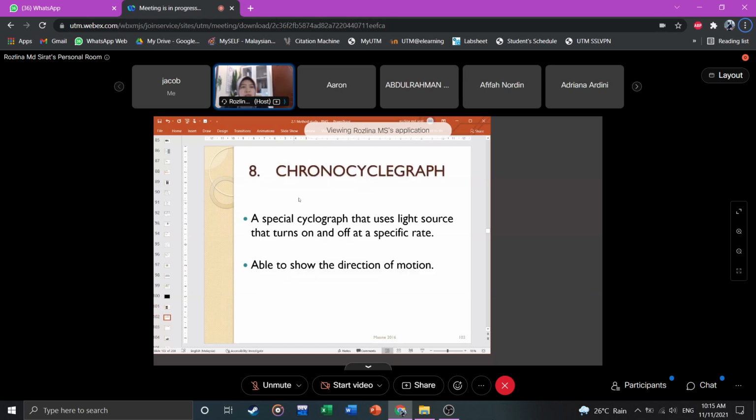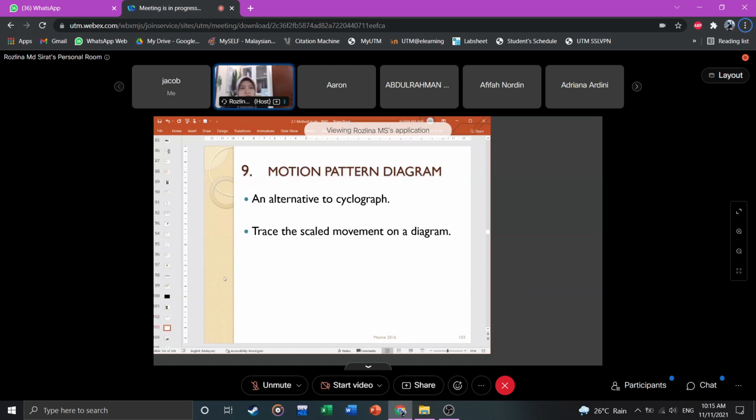Okay. Chronocyclograph is similar to the cyclograph, but it can show the direction of motion. Not only that, the motion pattern diagram is an alternative to the cyclograph. It is like the cyclograph, but they trace the scale movement on a diagram.